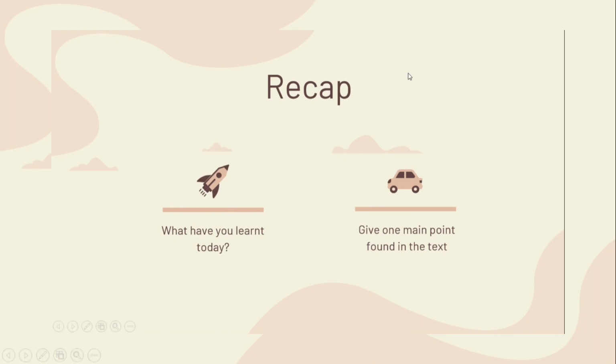Before we end, let's do some recap on today's lesson. So, what have you learned today? Today, we learned about pollution. In the first activity, we learned about a newspaper report named Haze in Klang. After we read the newspaper report, we need to fill in the blank with the correct answer using the text given.